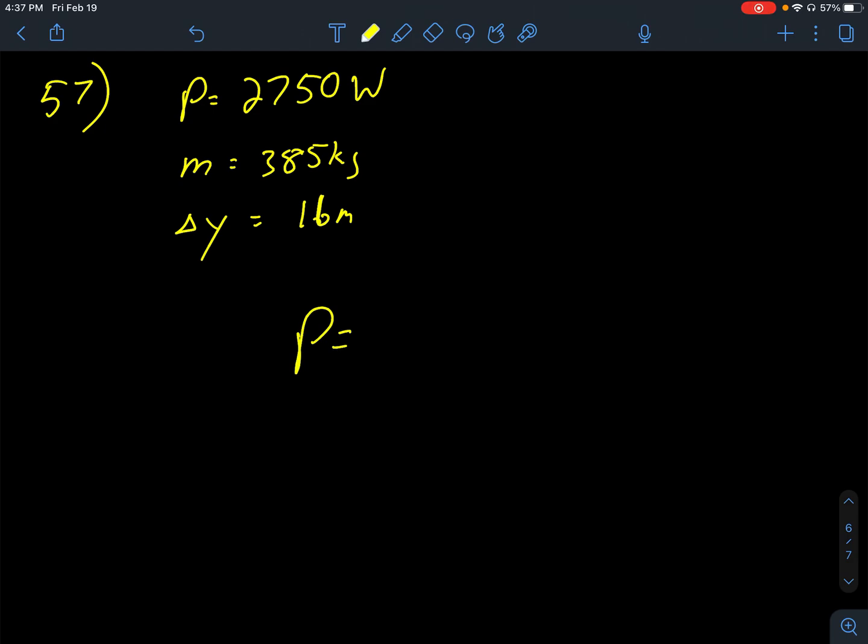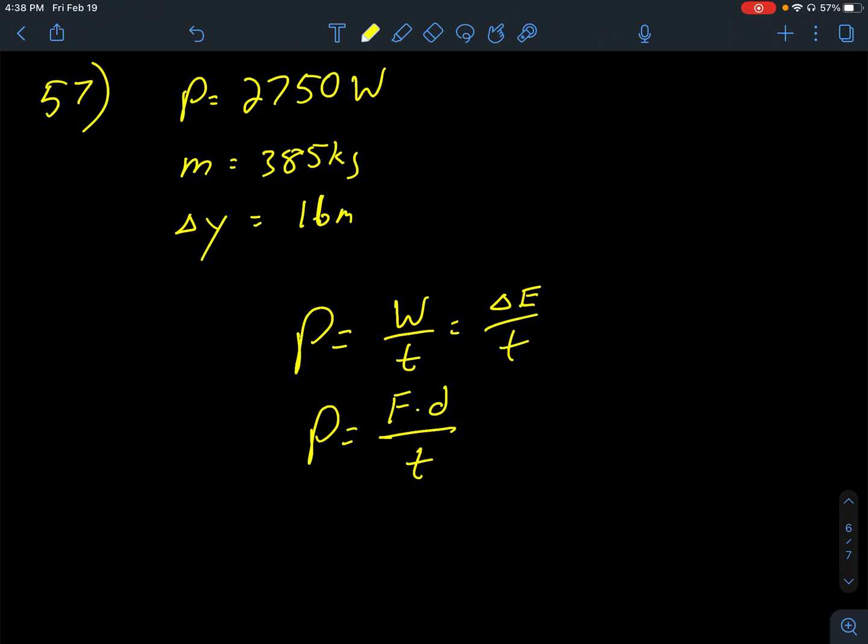So power is work per time, or change in energy per time. We have masses, so we might be able to get forces. Let's look at it this way: force times distance over time. And yeah, we can calculate that.